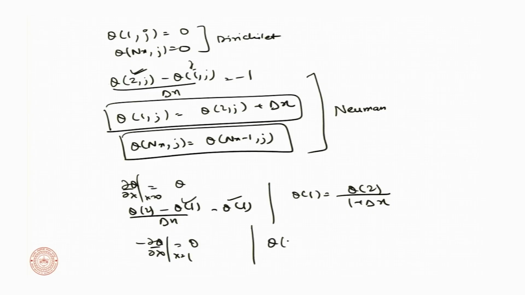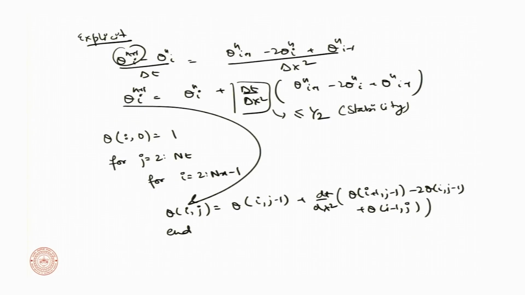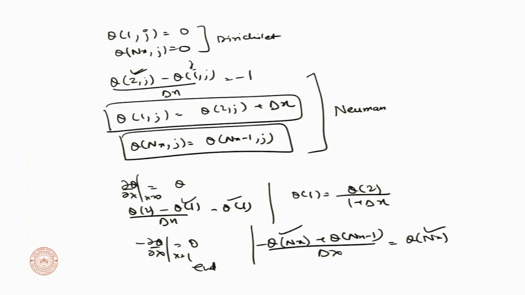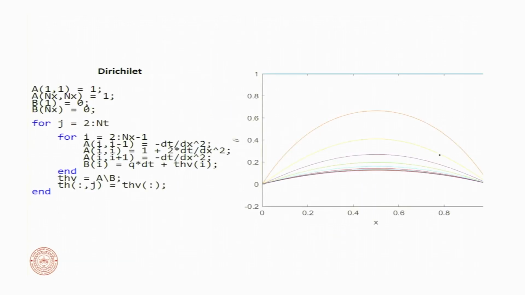So, theta of nx minus theta of nx minus 1 by delta x is equal to theta of nx. So, we can find out theta of nx from here, right. So, these methods we will finish, and then we will finish this with an end condition, right. So, our loop started from here, the second for loop after our set of boundary conditions, our Robin boundary condition will end. Okay, I am going slowly over these slides.